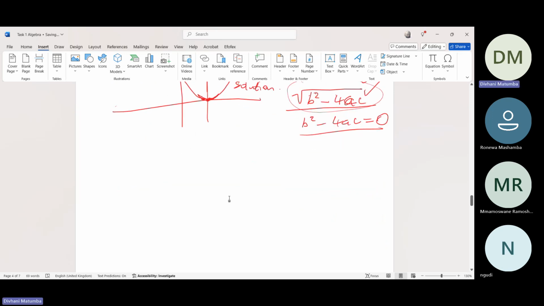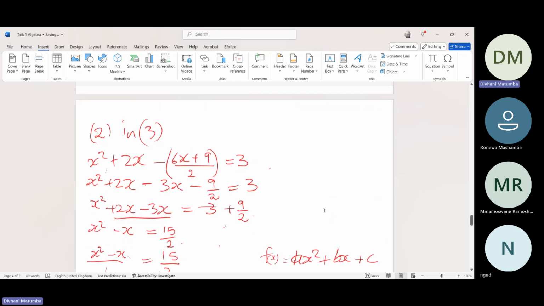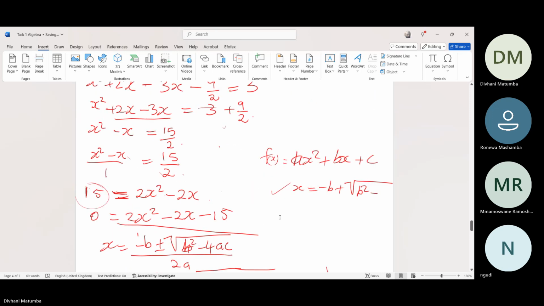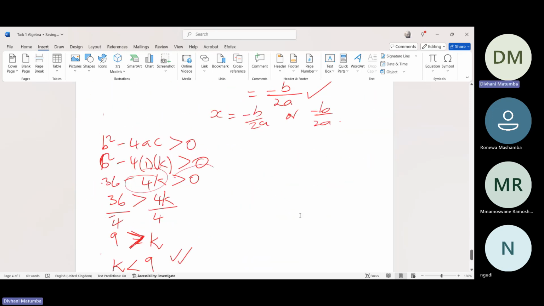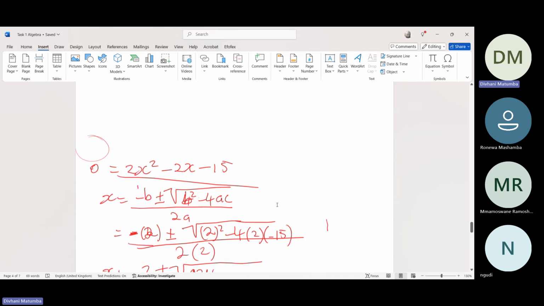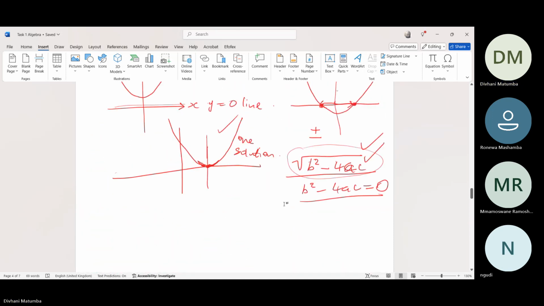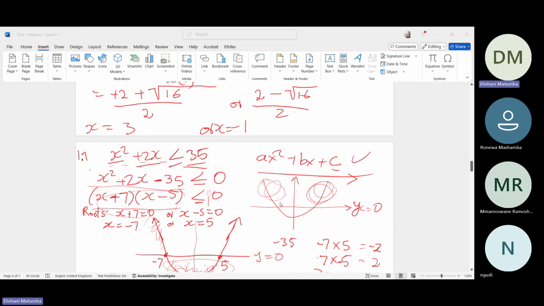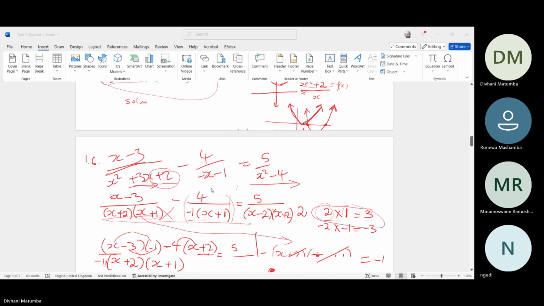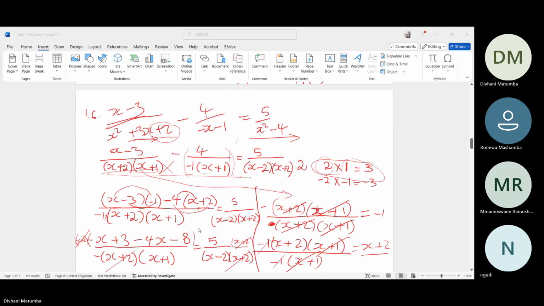The other thing that I wanted to emphasize before we end our session is, where is that question? Yeah, we did this question last week where we had to find the lowest common denominator.